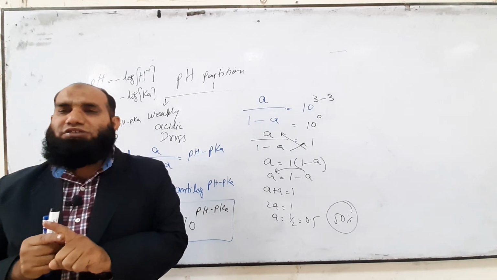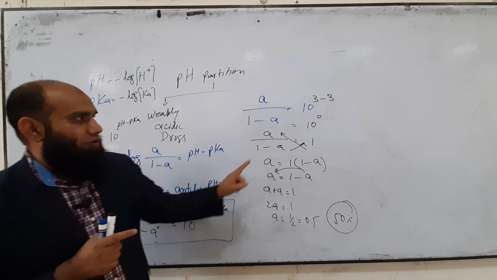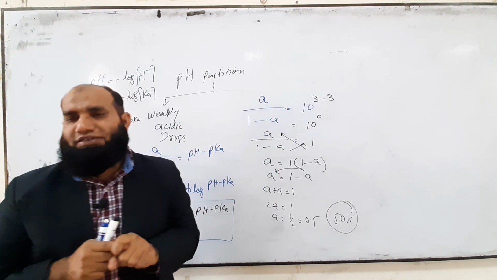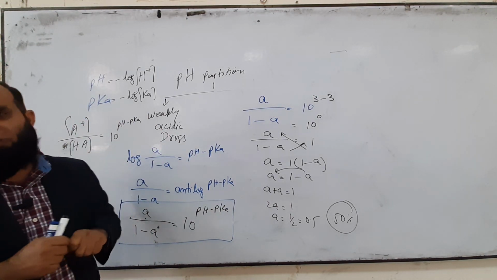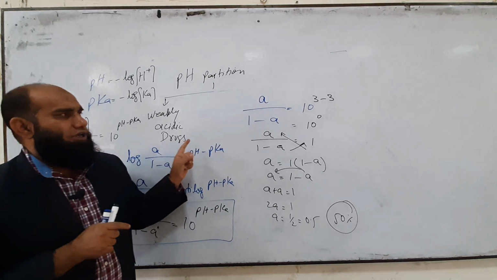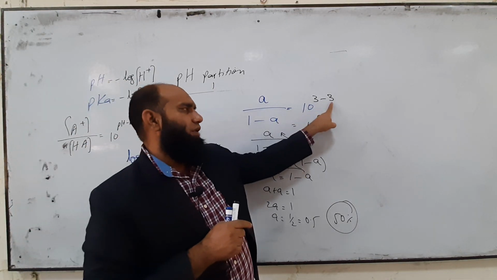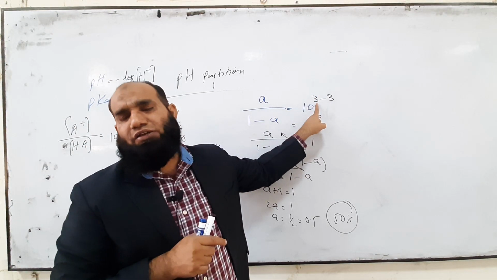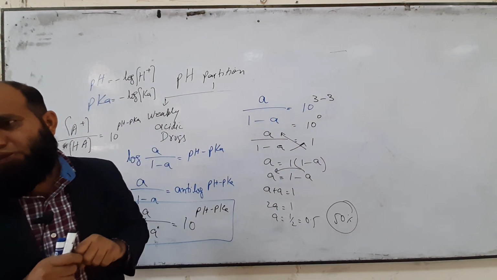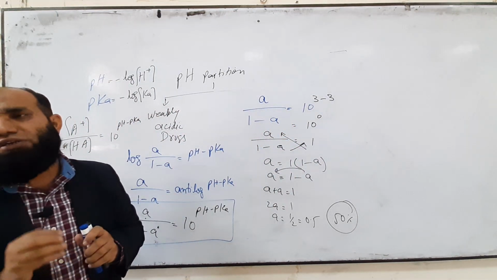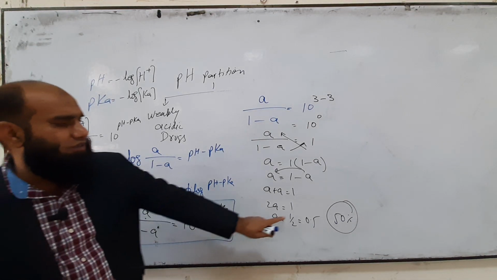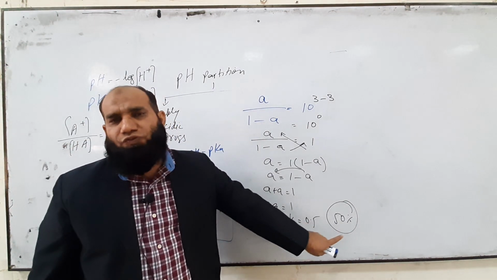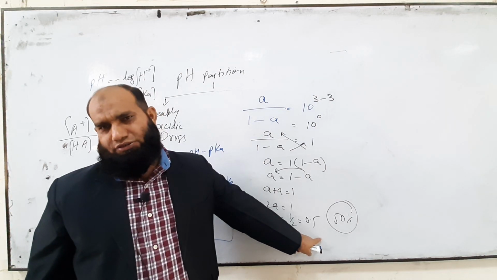In the scenario of acetyl salicylic acid, a weakly acidic drug, the pKa value is 3, and in the area where pH is 3, we calculate that the drug is 50% ionized and 50% unionized.